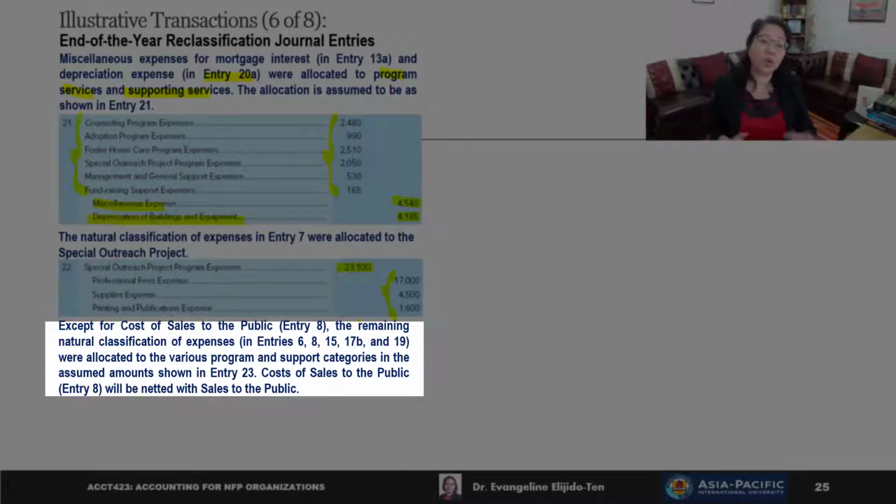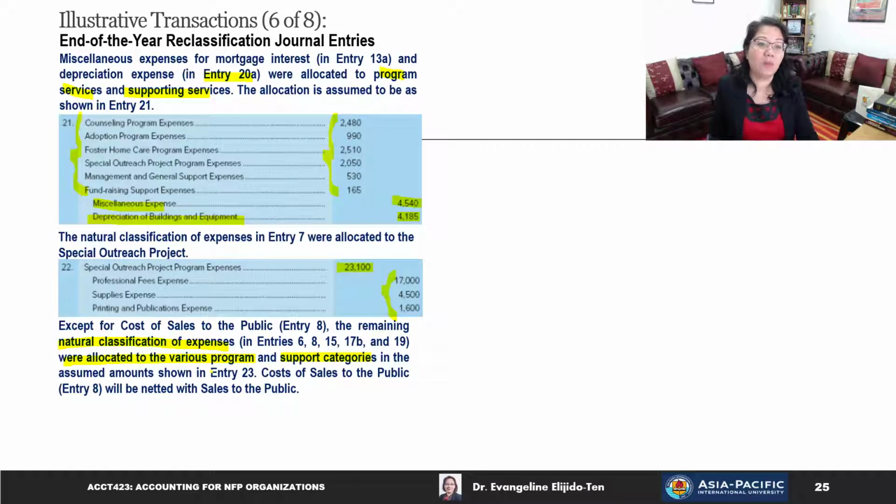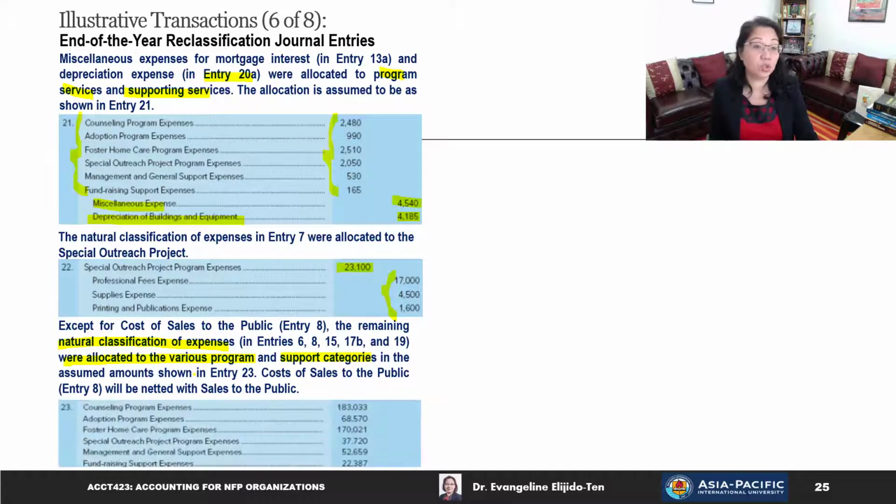Then, except for cost of sales to the public in entry 8, the remaining natural classification of expenses in entries 6, 8, 15, 17B, and 19 were allocated to the various program and support categories in the assumed amounts shown in this journal entry in 23. So we just assume these figures, debiting all these expenses, counseling program, adoption program, and all this and these amounts.